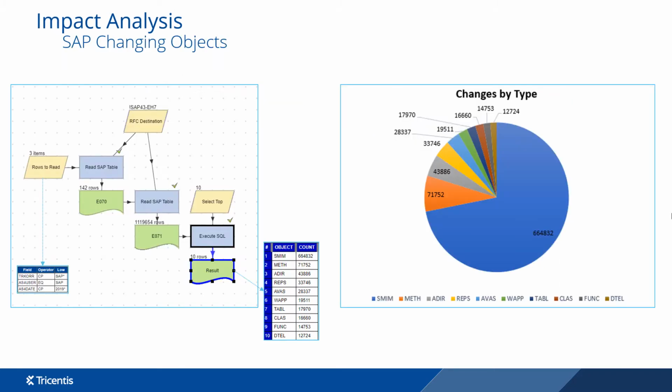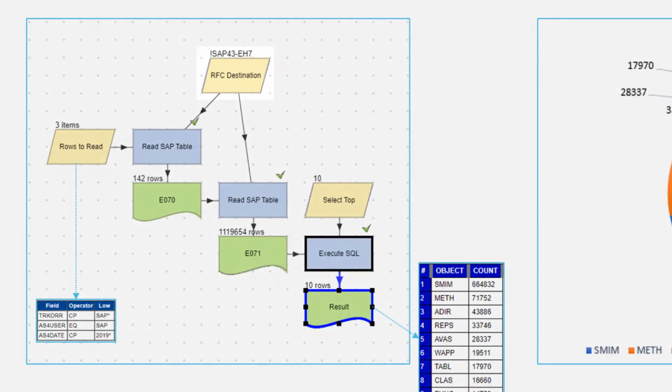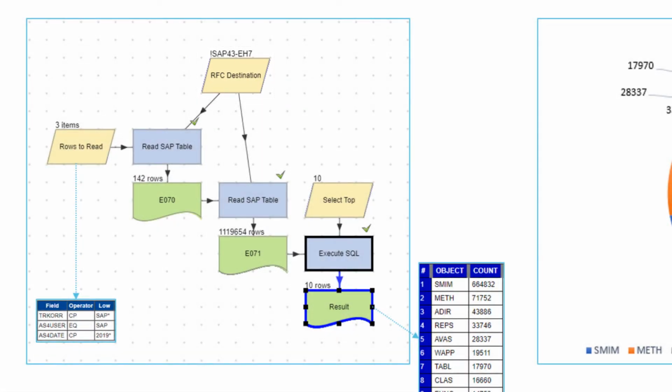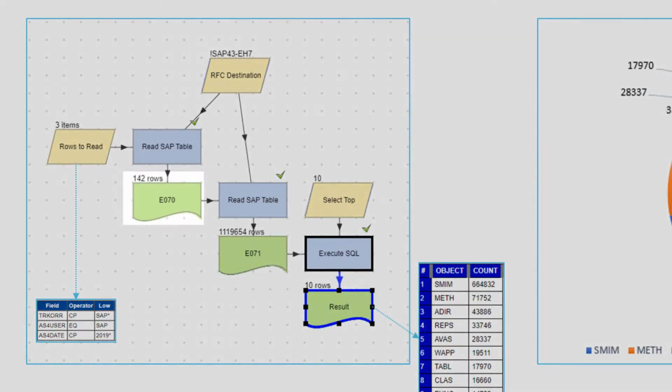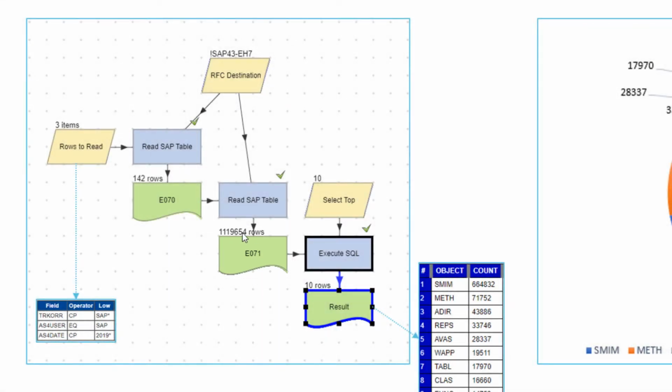Now what about changing objects in SAP? I built this workflow to analyze SAP System 43, one of our test systems. What I wanted to do was find all of the SAP support packs that were applied in 2019. And there were 142. Those 142 SAP support packs contained over 1.1 million changed objects.